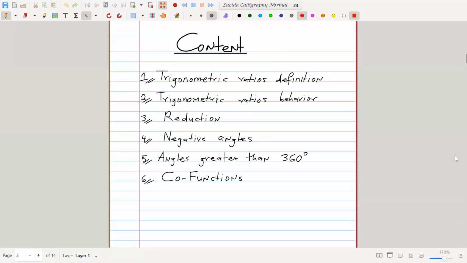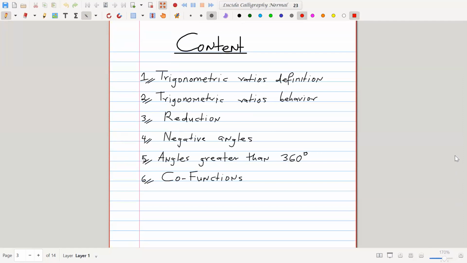So this is the content that I'm intending to cover for this presentation. The first one is trigonometric ratios definition. So that's how we define trig ratios. And then the second one will be trigonometric ratios behavior by quadrants, how these ratios behave in terms of quadrants. Then we'll look at the reduction.